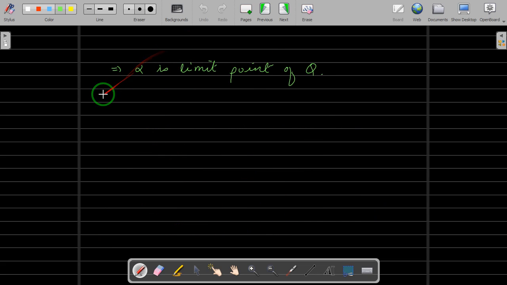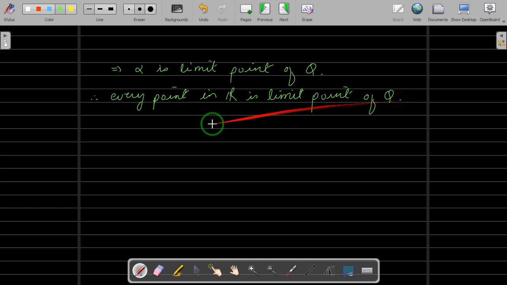Therefore, every point in the real numbers is a limit point of the rational numbers. Hence, the derived set of the rational numbers in the real numbers is nothing but the set of all real numbers.